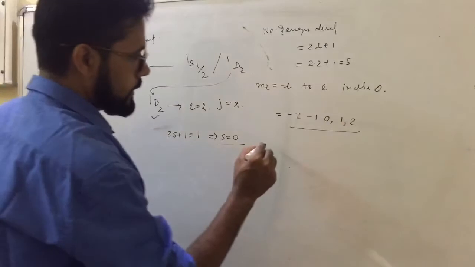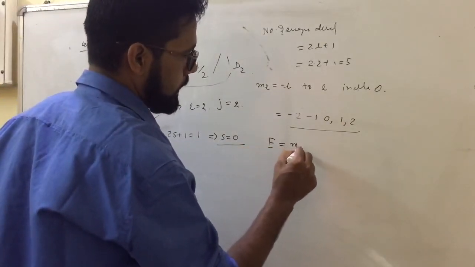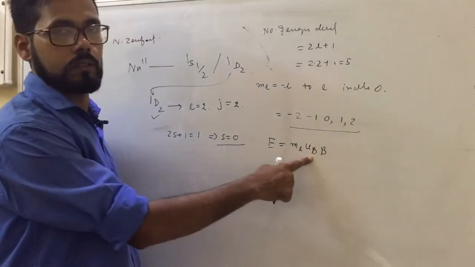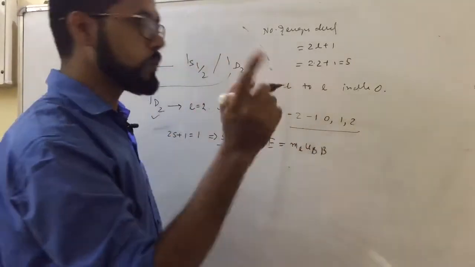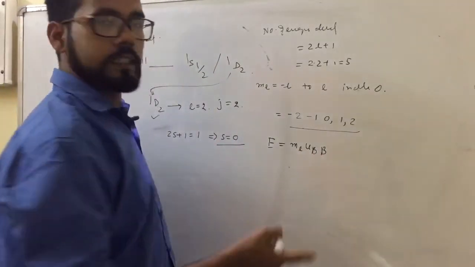Now you have to calculate the energy. Energy, what is the formula? E equals M_L mu_B B. Mu_B means the Bohr magneton, which is equal to eħ by 2m. It is a constant value, and the magnetic field is also constant.